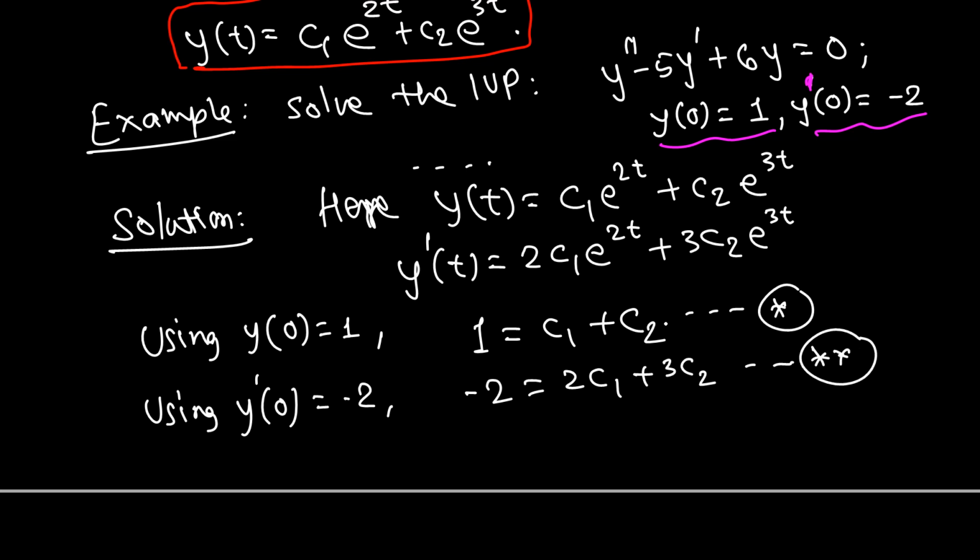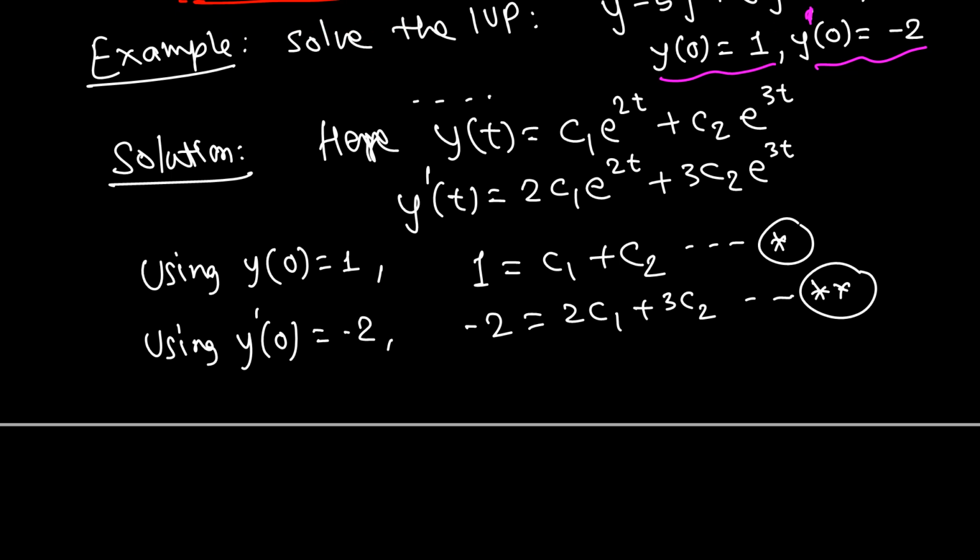Now this is a system of linear equations in two variables, c1 and c2. We have a couple of methods to solve for c1 and c2. We can use elimination or substitution, or we can even graph, like x plus y equals 1, 2x plus 3y equals negative 2. It's algebra 1, so let's solve.